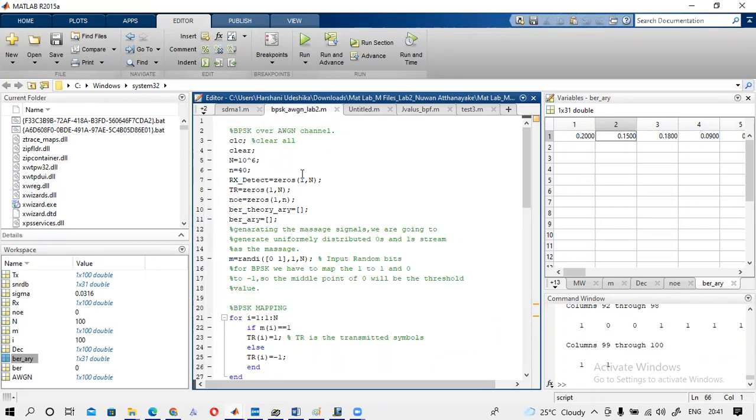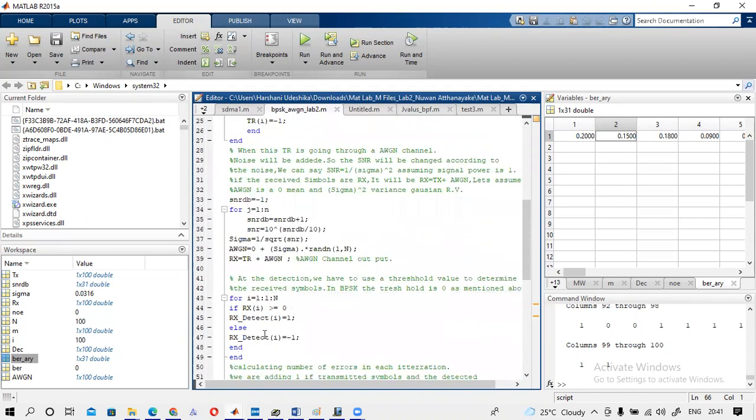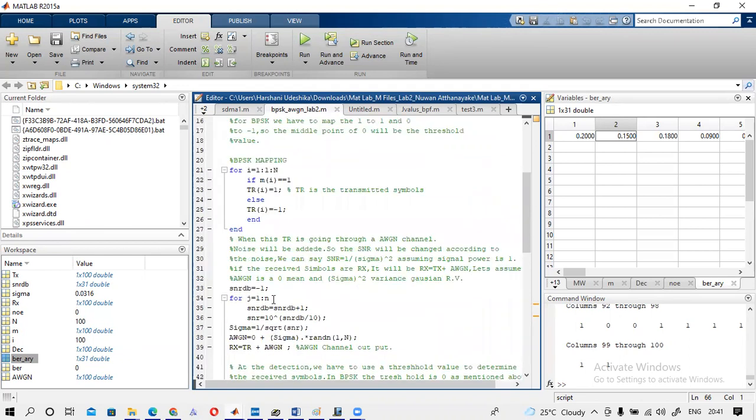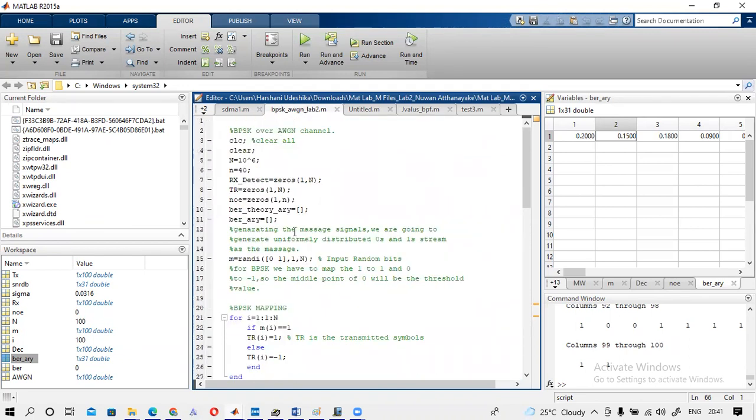Sometimes some codes may be different, but conceptually almost all codes are the same. Maybe a different approach, but the same concept.